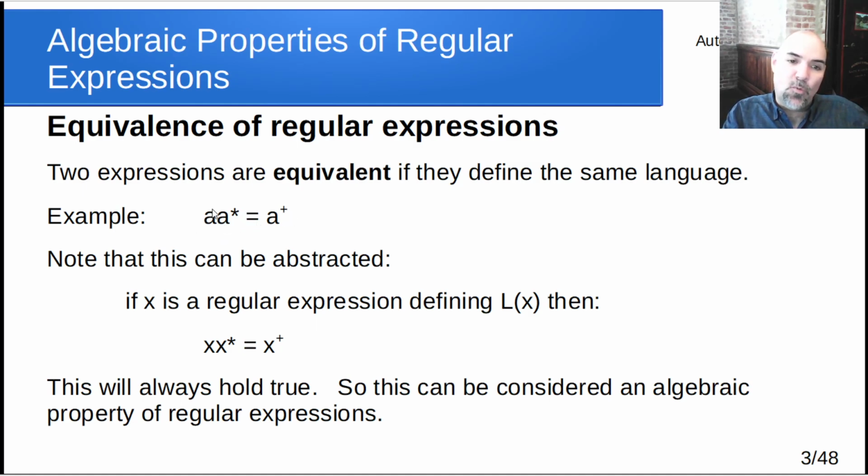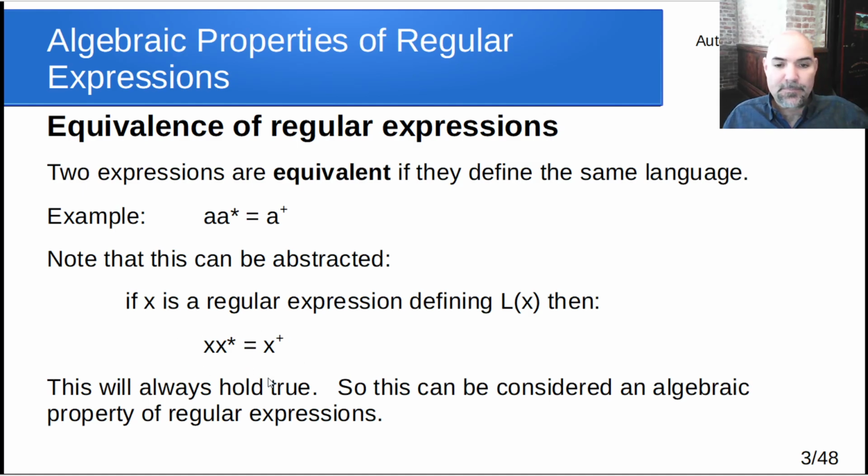So notice that there's 1 followed by 0 or more. And since that's essentially 1 or more, then that's the same as A plus. And note that that can be abstracted, not just with that regular expression A, but if X is some regular expression defining a language X, then X concatenated with X star is always going to be X plus. So that will always hold true.